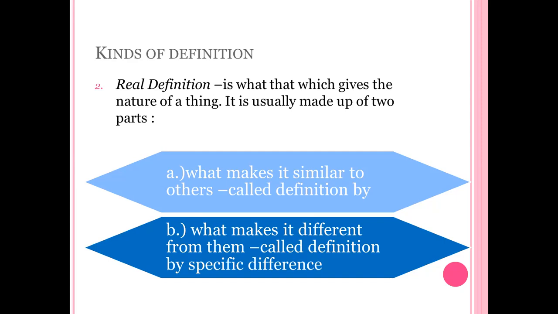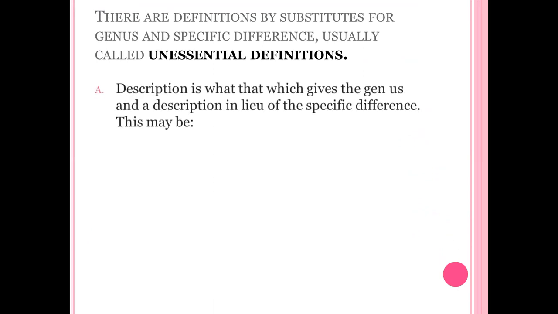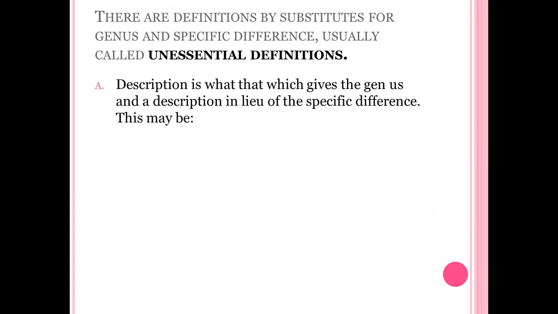So we have here the real definition, and these definitions by genus and specific difference are usually called an essential definition. For unessential definitions, we have description and cause. Description is what gives the genus and a description in lieu of the specific difference.